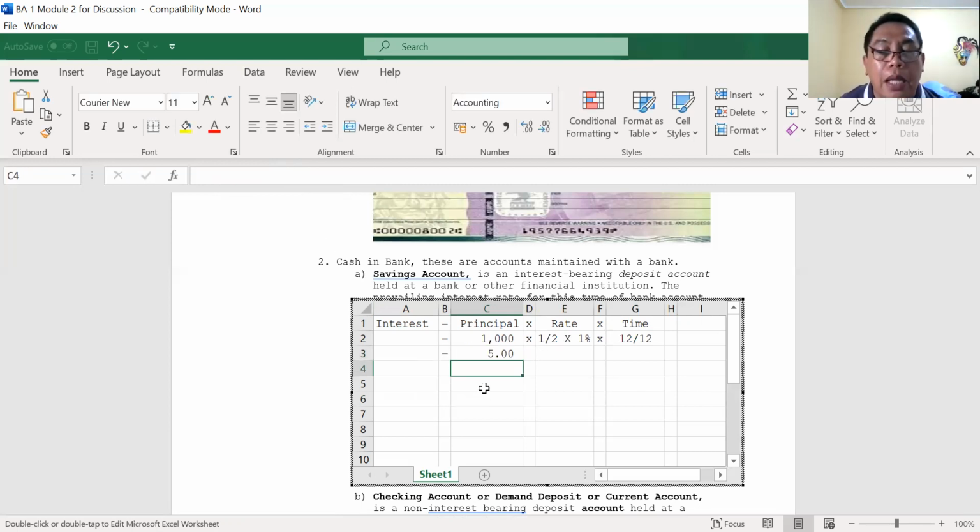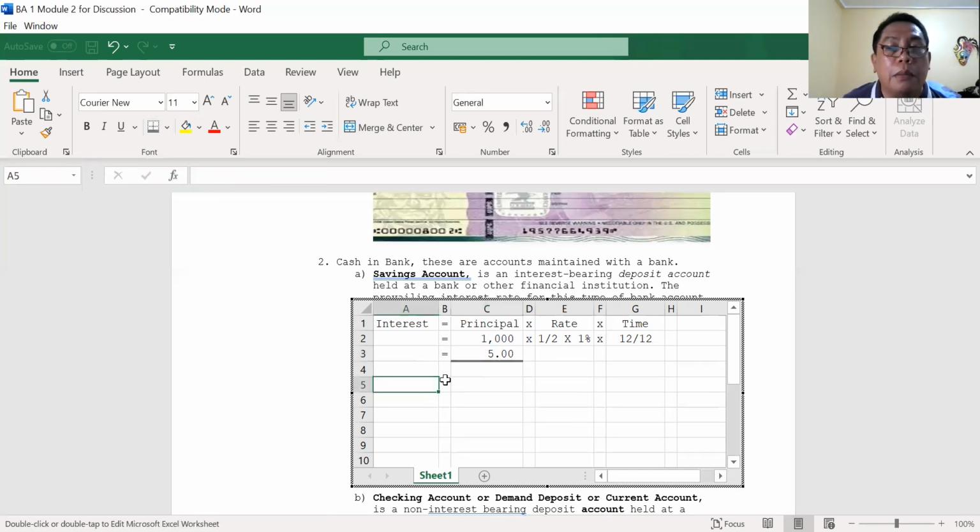Okay, so imagine if you put it in a savings account at the bank, your interest is equivalent to only 5 pesos in one year.